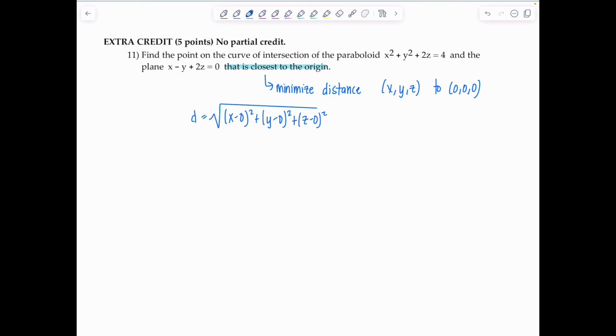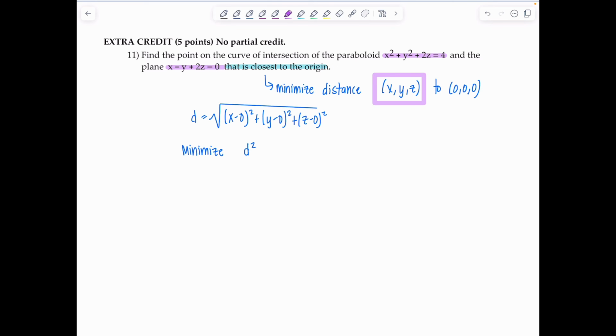So what we typically do is instead we minimize the square of the distance so we don't have to contend with the radical. Now, you could do this a couple different ways. I'm going to use the method of Lagrange multipliers, and you can choose to have two constraints. Namely, you're minimizing the distance subject to the fact that this ordered triple x, y, z needs to be on both the paraboloid and the plane.